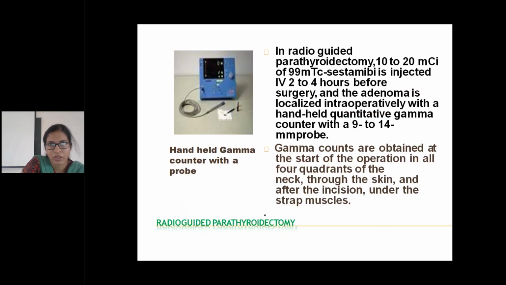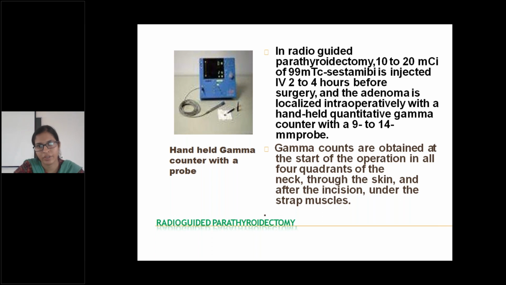Another one is radio guided surgery. Similar to a sentinel lymph node biopsy, we use a handheld gamma counter probe. 10 to 20 millicurie of 99m technetium sestamibi is injected IV 2 to 4 hours before surgery. This localizes in the hyperfunctioning adenoma, hyperplastic gland or carcinoma.